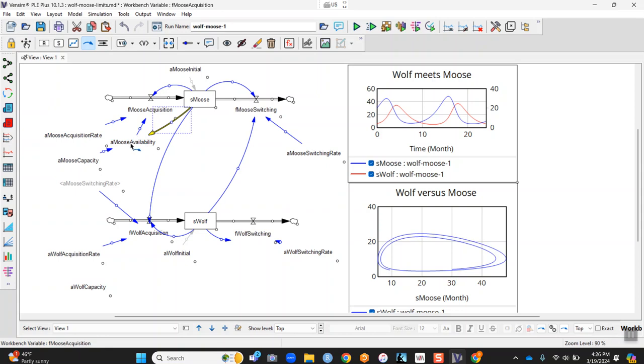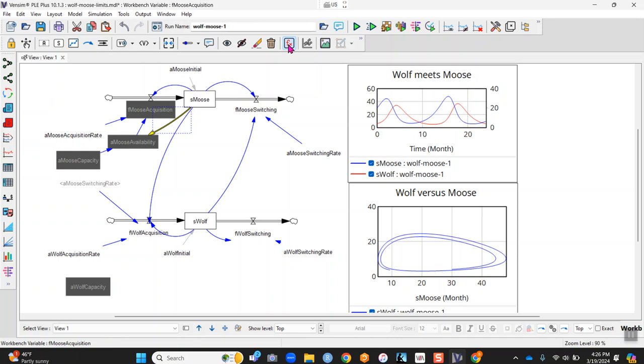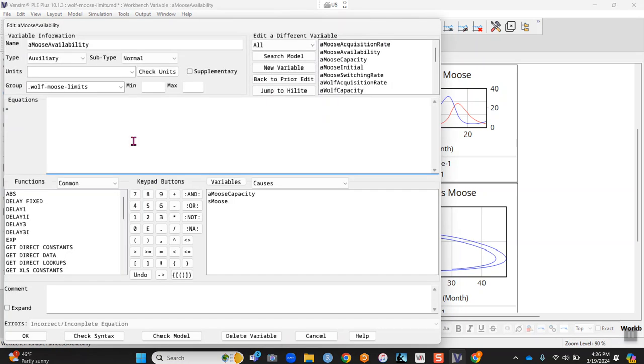Now, what's moose availability going to look like? Well, let's put it in right now. Notice I have moose capacity, which is going to be a constant, possibly, and moose. Okay, possibly. And this will be equal to 1 minus the ratio of moose to capacity.